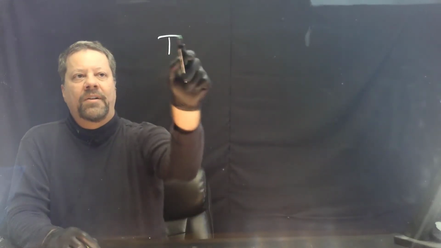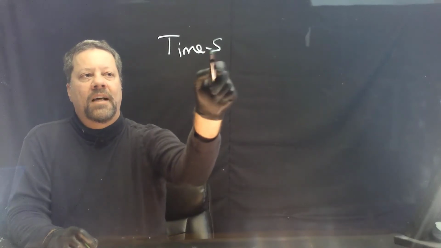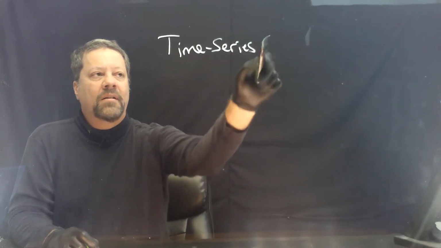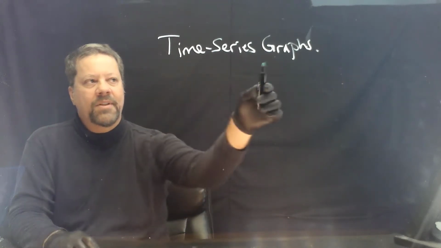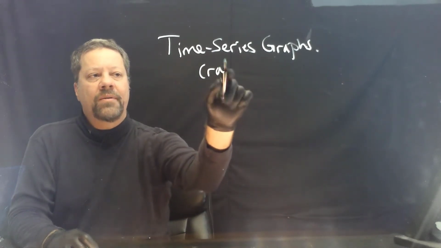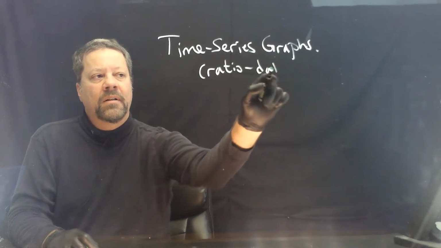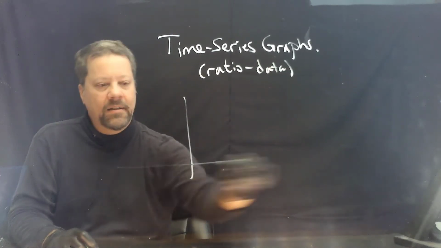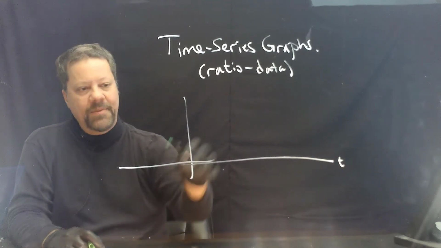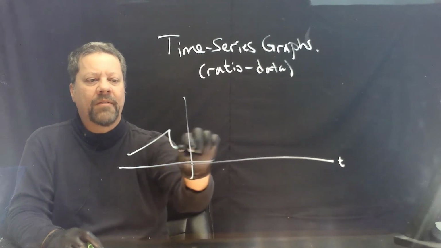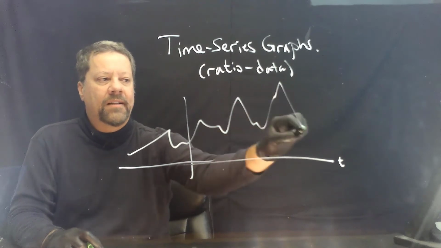There are graphs called time series graphs. Time series graphs only work for ratio data, but let's suppose you have a sequence of times, you might end up with data that does something like this.